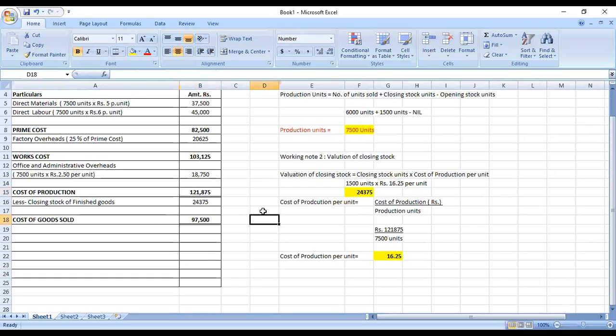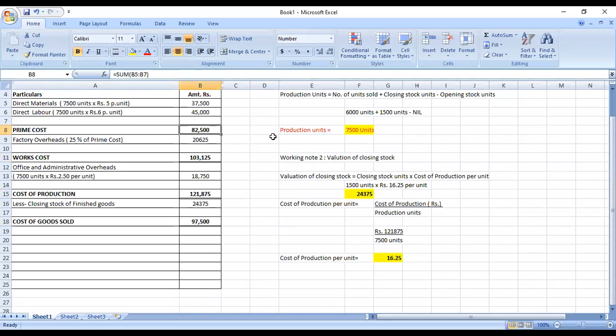Cost of goods sold. After cost of goods sold, we have to add selling and distribution overheads.